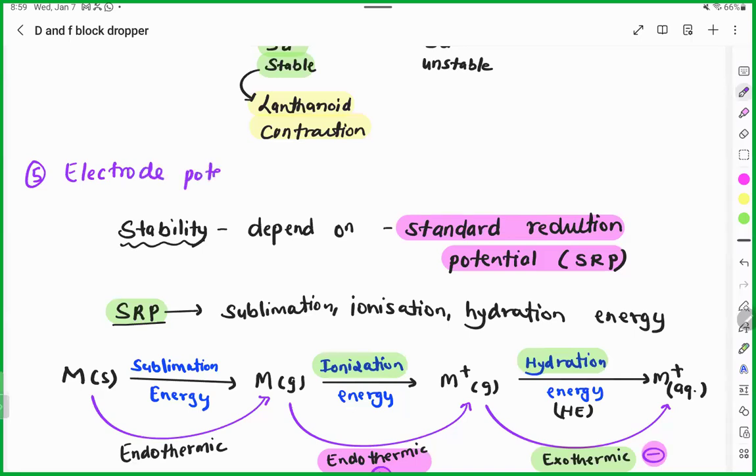But why didn't I write it separately earlier? Because even electrode potential depends upon the ionization enthalpy. Ionization enthalpy is the main factor to decide this. Mostly ionization enthalpy will be the major factor to decide this.